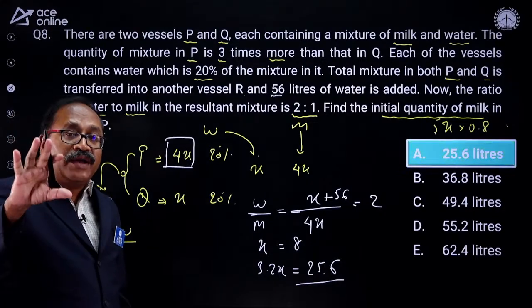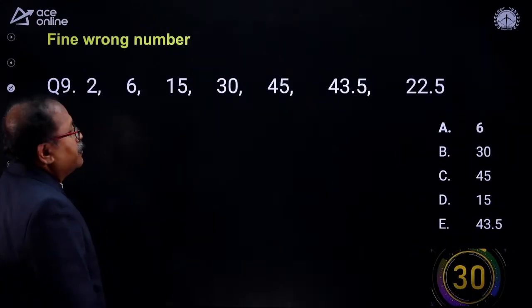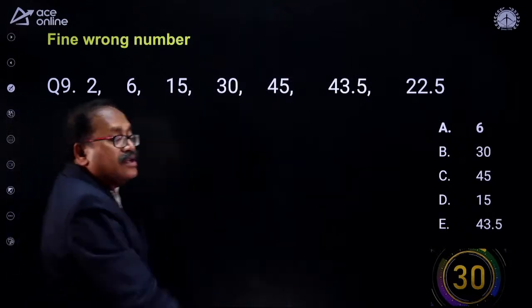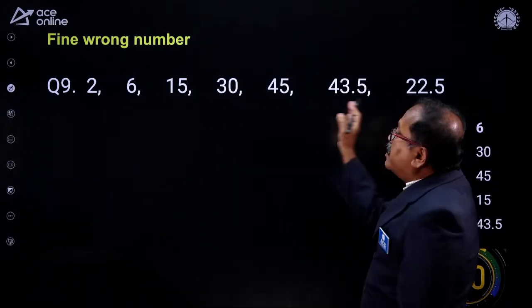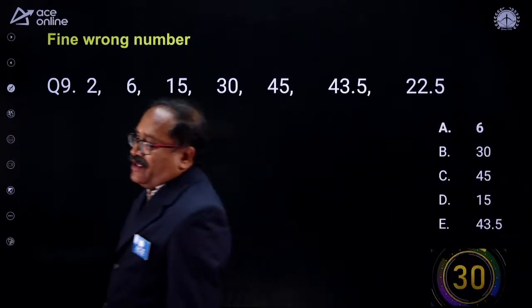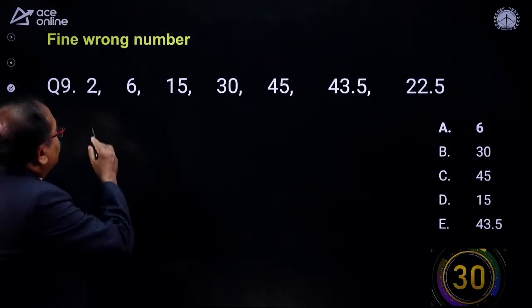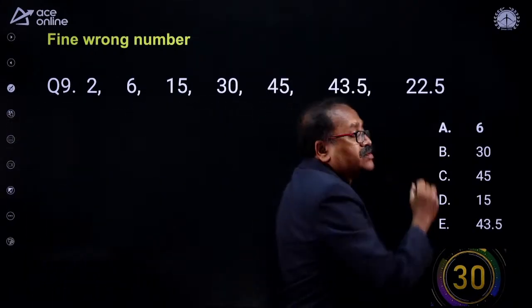The next 5 questions will be the number series, finding out the wrong number. चलिए, ये previous year question है. So there is one wrong number there. Identify the wrong number. How do we notice this one? The numbers are in an increasing order, and somewhere the decimal is also there.